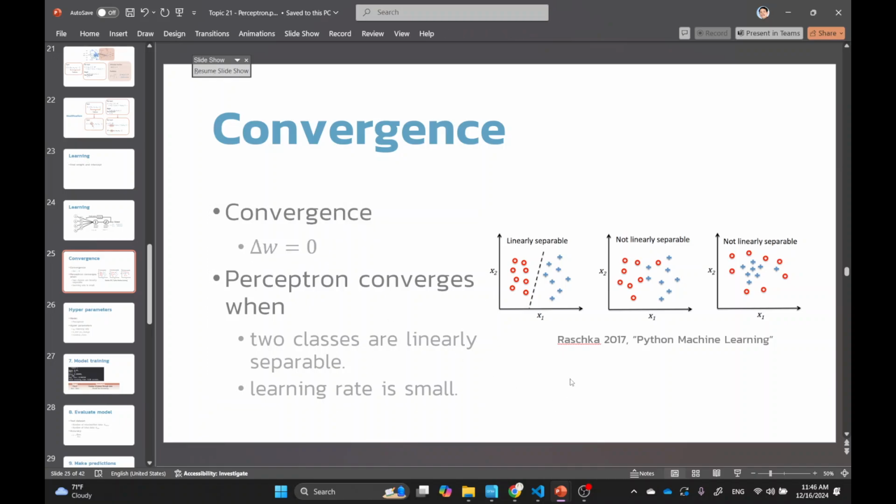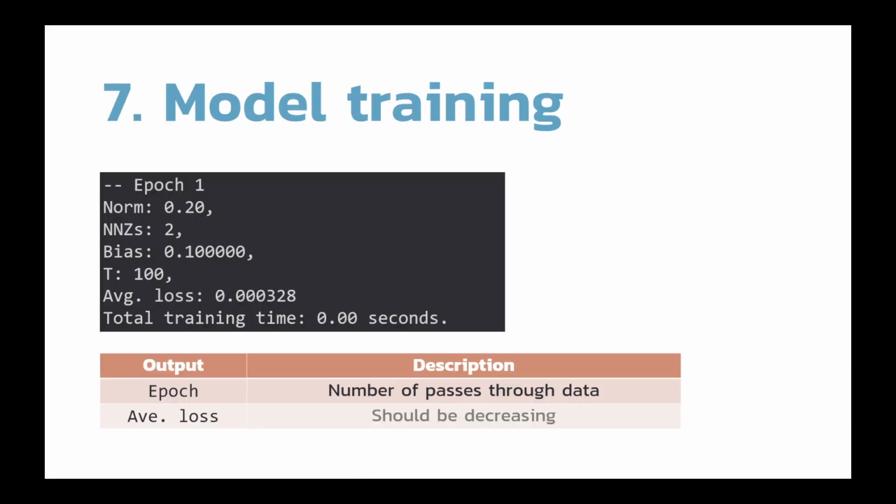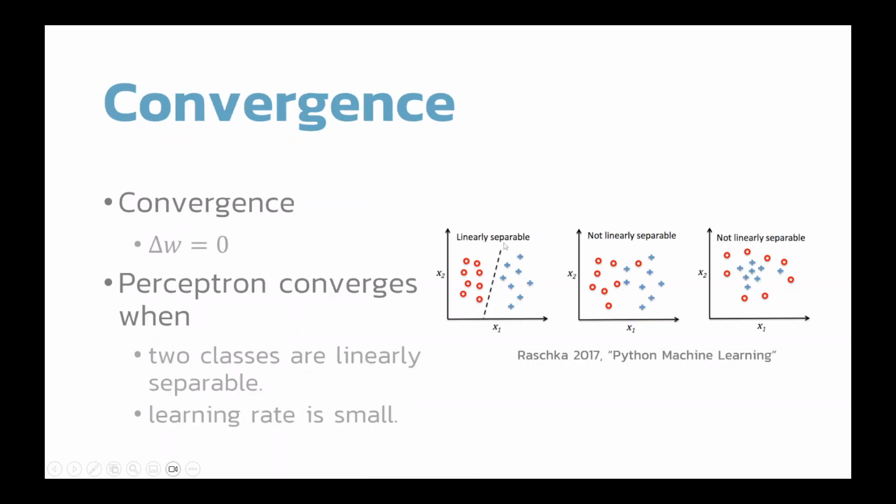Okay. And I just want to let you know that it also depends on your data. If your data can be split by a linear line like this, it's called linearly separable. But if your data cannot be separated by a linear line, it's called not linearly separable. So there are two types of data for the linear model.